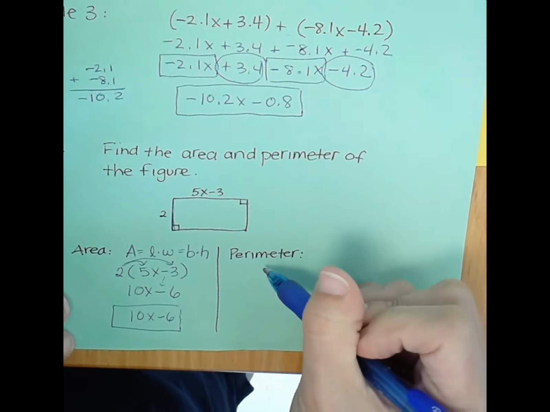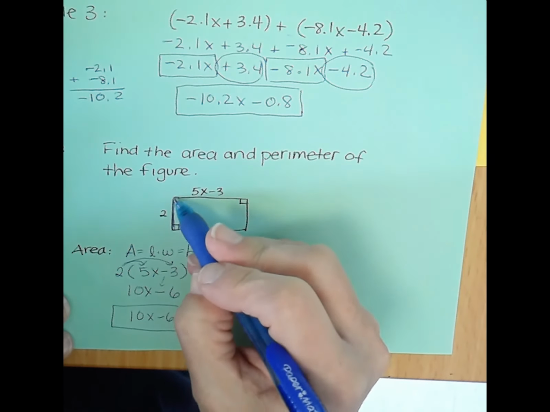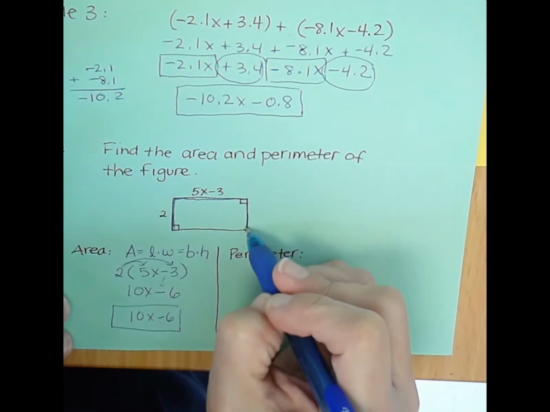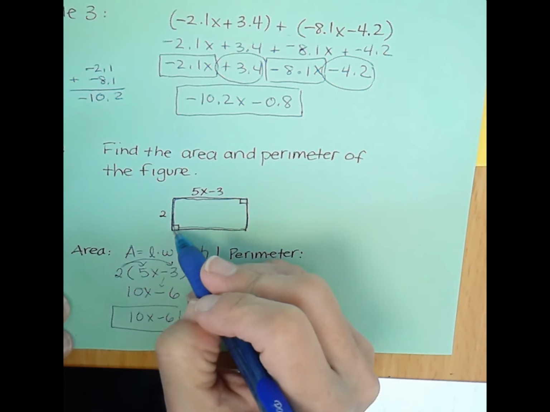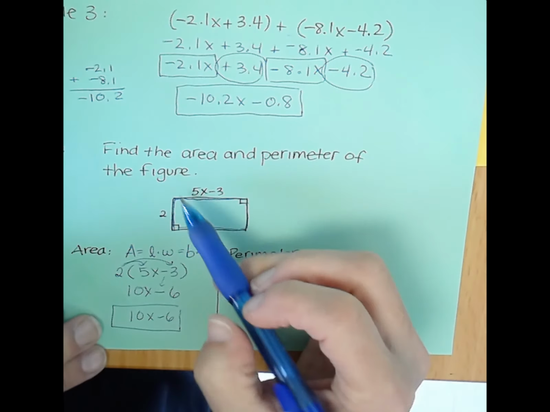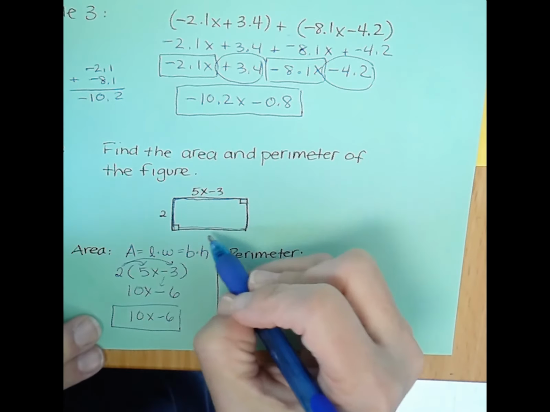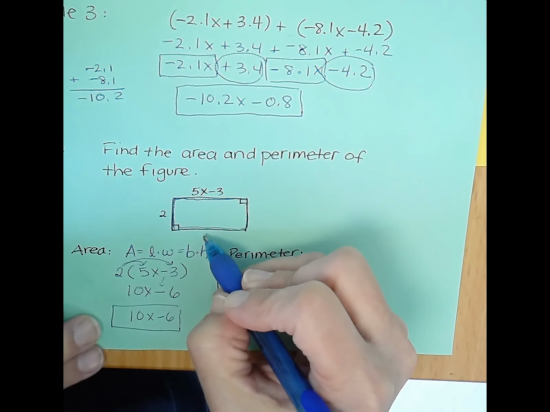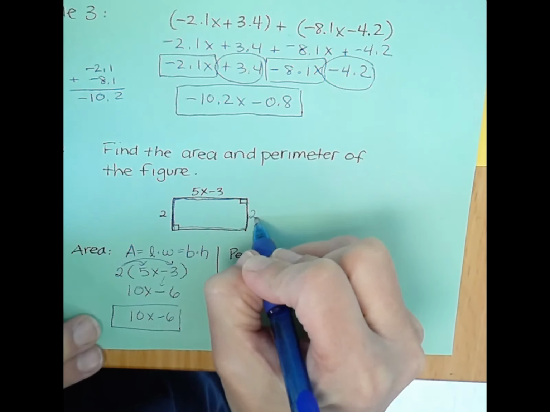Okay, for perimeter, if you remember, for the perimeter of a rectangle, we need to add up all 4 sides to get the total length of all 4 sides. One mistake people make here is they just want to add these two together. But don't forget we have 2 other sides that are involved in the whole perimeter. So if this side is 2, this side is also 2.